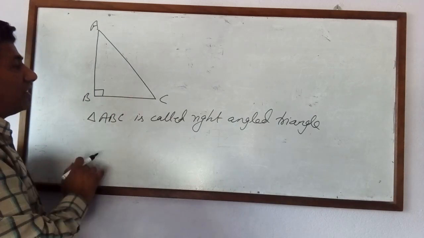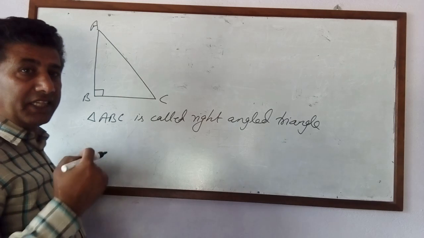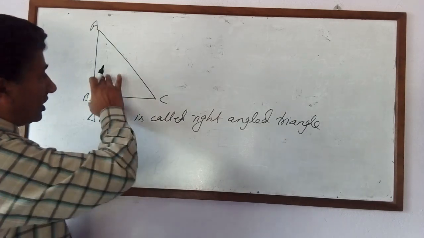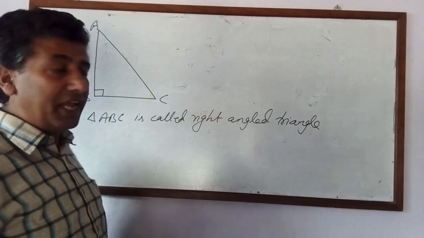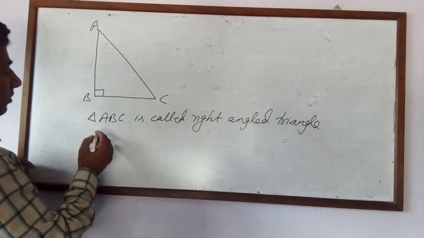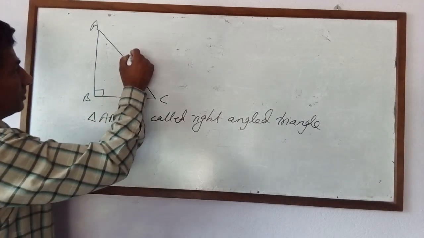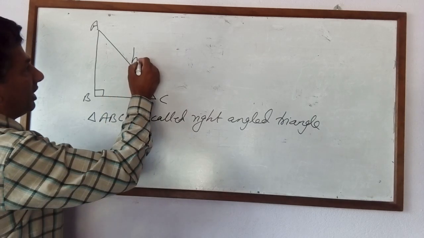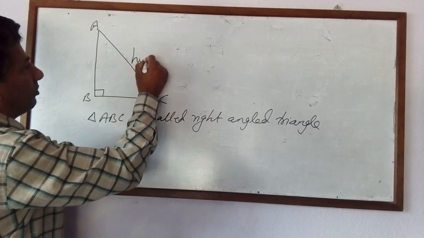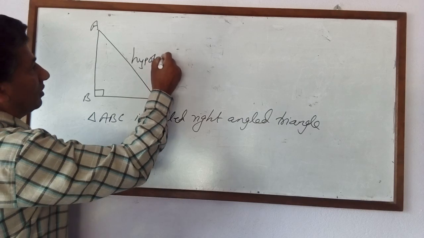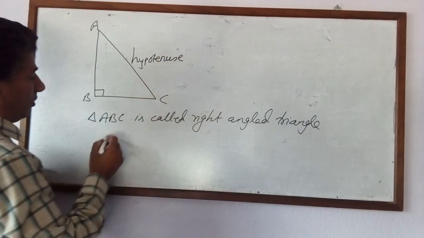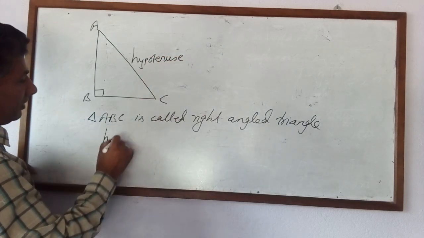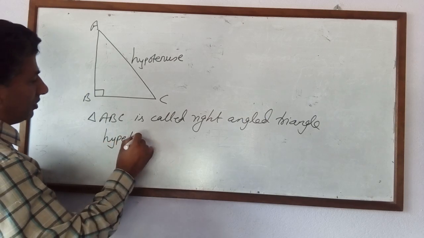Now in this right angle triangle, it has three sides. These three sides have a special name. Now first one is hypotenuse, which we represent by small h. Now, you should know the definition of this hypotenuse.